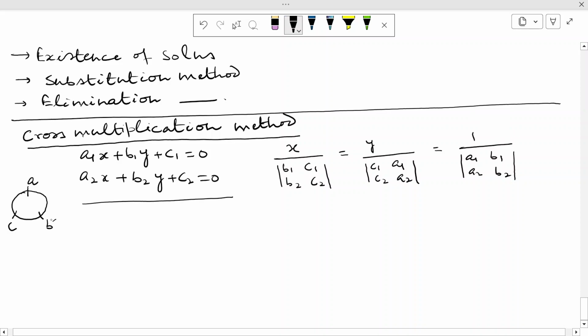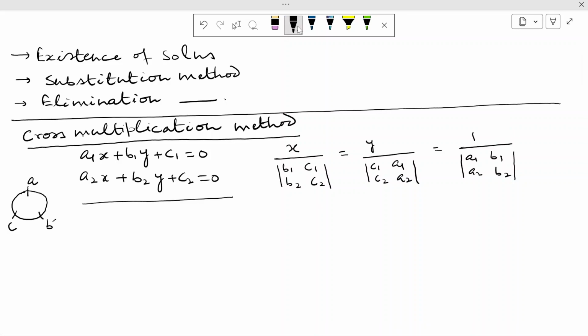Now जब आप y पर आते हैं, you have to leave b means b1 and b2 और आपको पहले c लिखना है यानी c1 and c2 और next we are having a1 a2. So we are just considering the clockwise values. And last we are having 1, so हम constant term के corresponding ले रहे हैं, तो हम यहाँ पर पहले a वाले coefficients लिखेंगे और फिर b वाले coefficients. So in this way we are obtaining this solution.